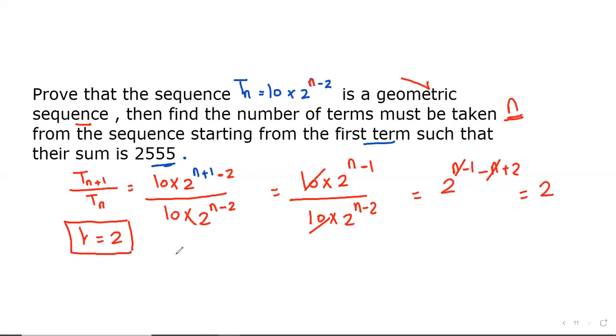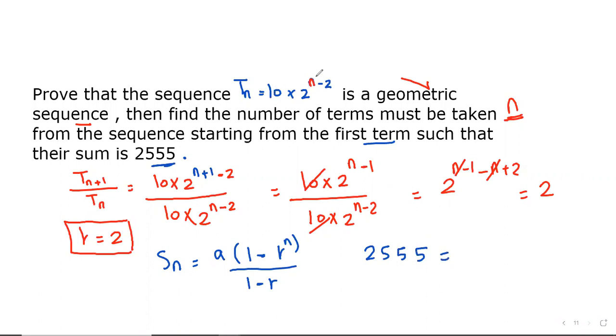You know, Sn equals a multiplied by 1 minus r to the power of n over 1 minus r. Instead of Sn, we are going to write 2,555 equals a.